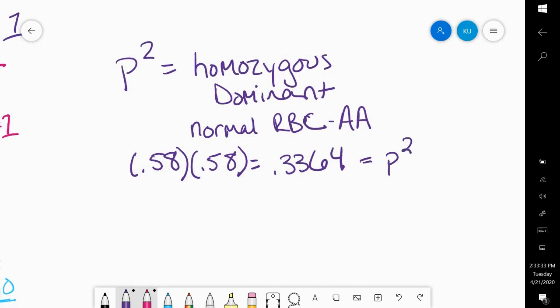All I did was take the p-value and plug it into that. So that means that approximately 34% of the population, or 0.336, is going to be homozygous dominant, meaning like 33% of the population has normal red blood cells in the instance of this.